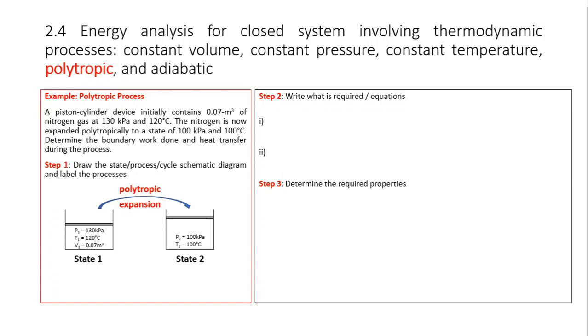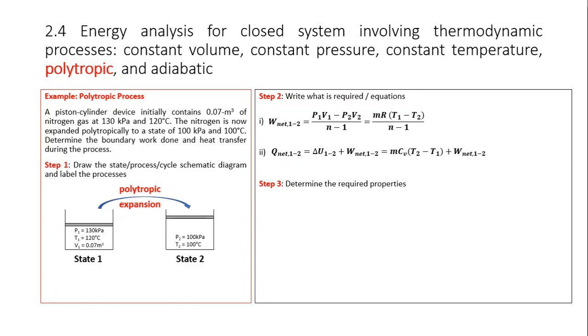And for step 2, we write whatever is required or equations. So from the question, we have to calculate the amount of boundary work, so using the boundary work equation for a polytropic process. And for amount of heat transfer, we will apply the first law energy equation for the polytropic process.